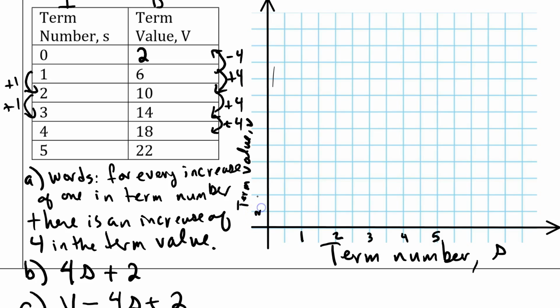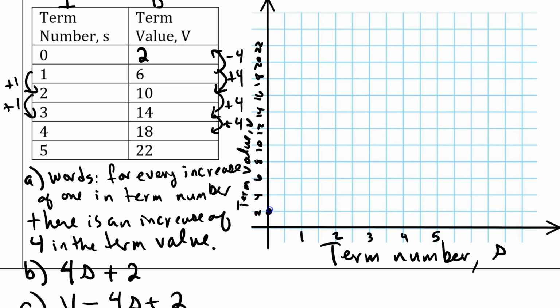So this one's going to be 2, 4, 6, 8, 10, 12, 14, 16, 18, 20, 22. Now I don't have to label every single one. If I'm feeling it's too squishy, I can just say this one's 4, 8, 12, 16. But I can fit it in if I zoom in.